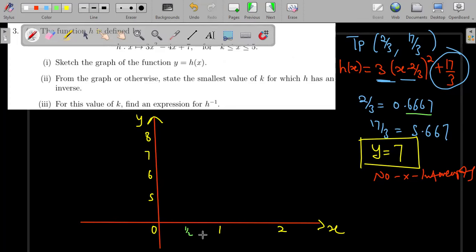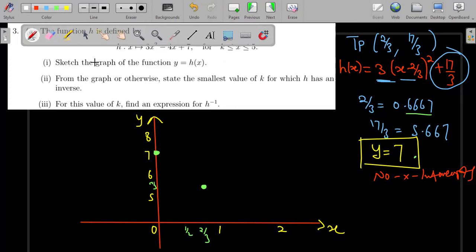So if this is my 2 over 3, and somewhere there I have my 17 over 3, my turning point will be somewhere there. From here, we can plot the y-intercept, which is 7. So 7 is there, that is my y-intercept. I do not have any x-intercept, so this curve will not touch the x-axis.